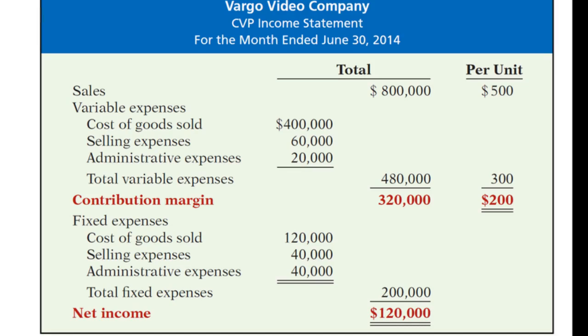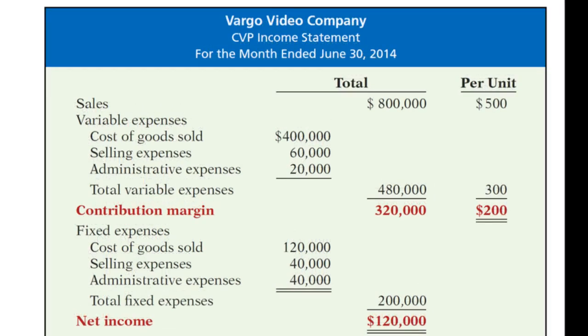Well, now that I've broken my expenses into variable and fixed, I'm able to introduce a new concept here. Now I know variable costs vary in direct proportion to sales. If sales are up 10%, variable costs go up 10%. So because they vary in direct proportion, I match them together.